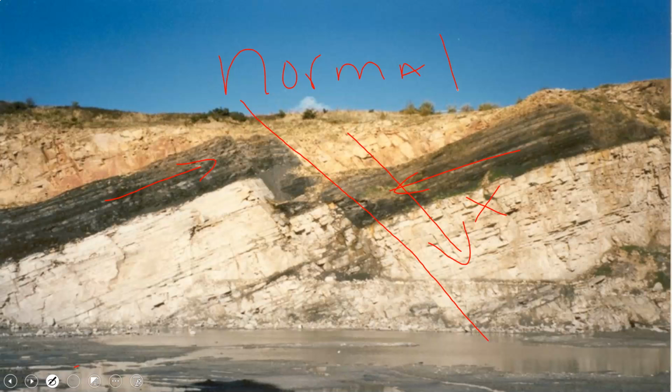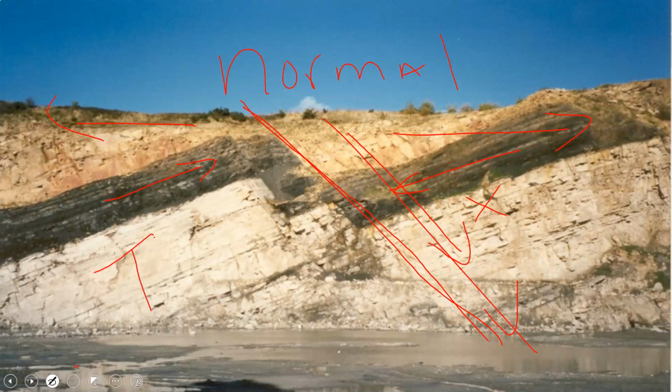And to do this, what you have is a tensional type of stress. That means that the crust is pulling apart. Whenever the crust pulls apart, you have to look at everything as a whole, it's pulling apart, and the rock brittly breaks, and the hanging wall side will drop.